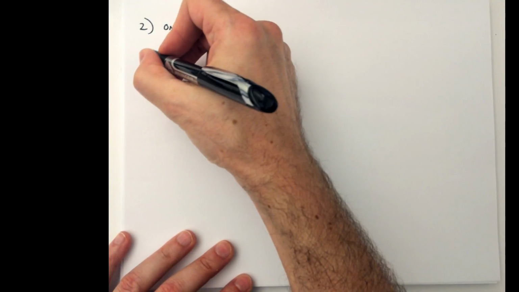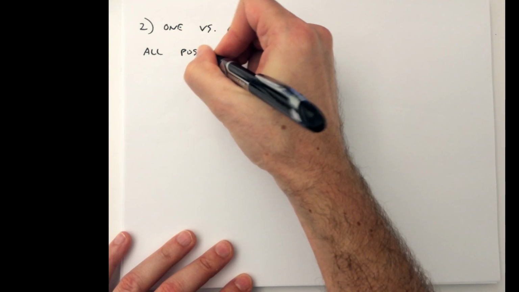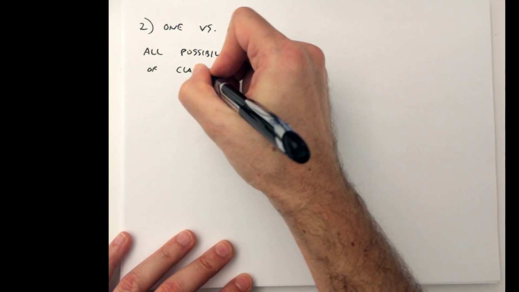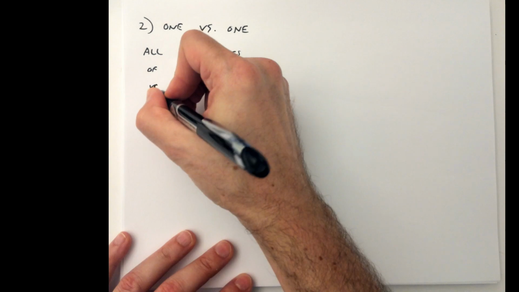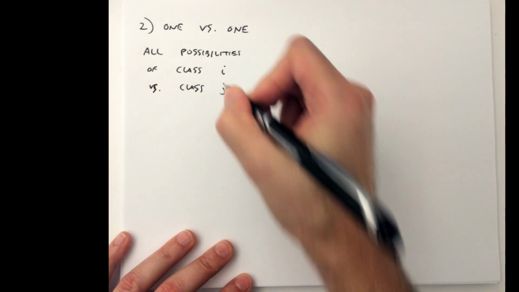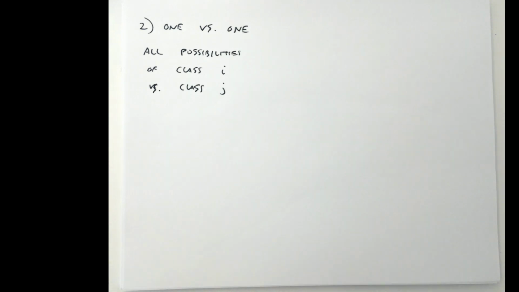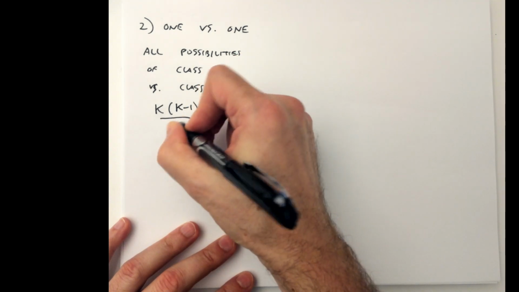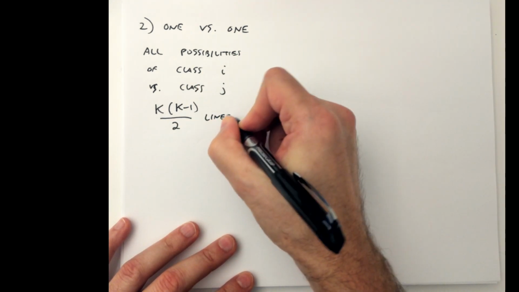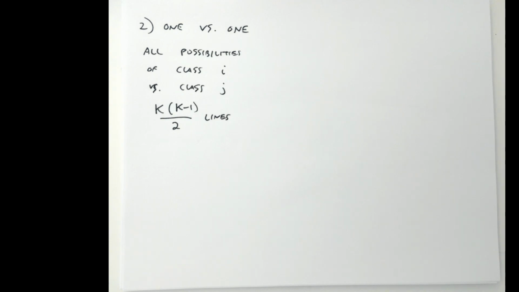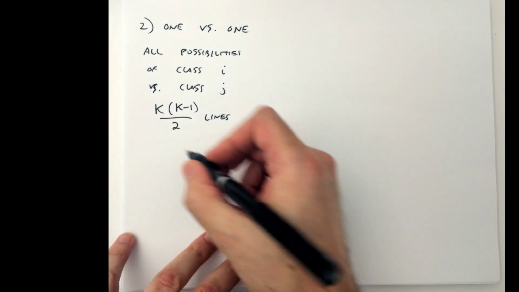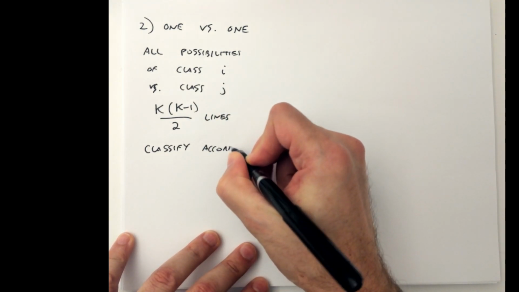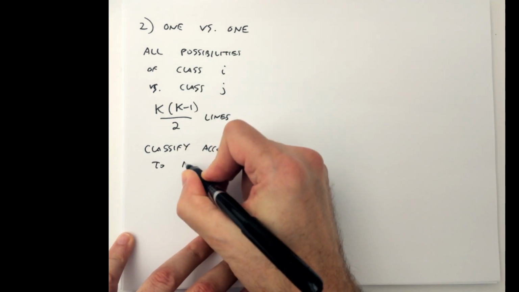That's like saying all possibilities of class I versus class J binary classifiers, right? So if I have K total classes, I have this many lines or hyperplanes in space, right? And then what I could do is classify according to majority vote.